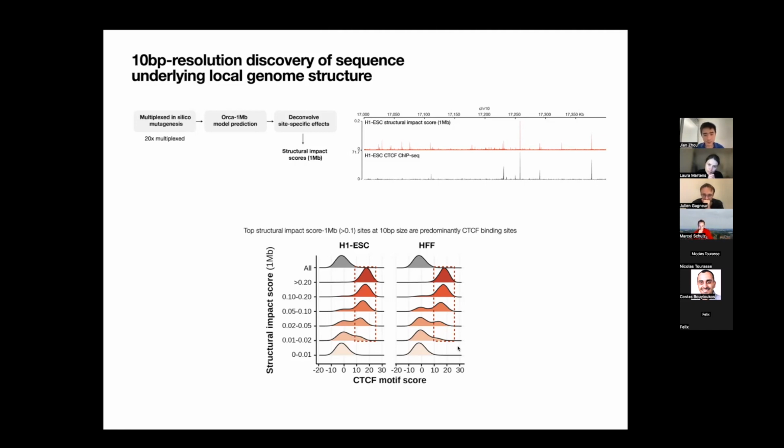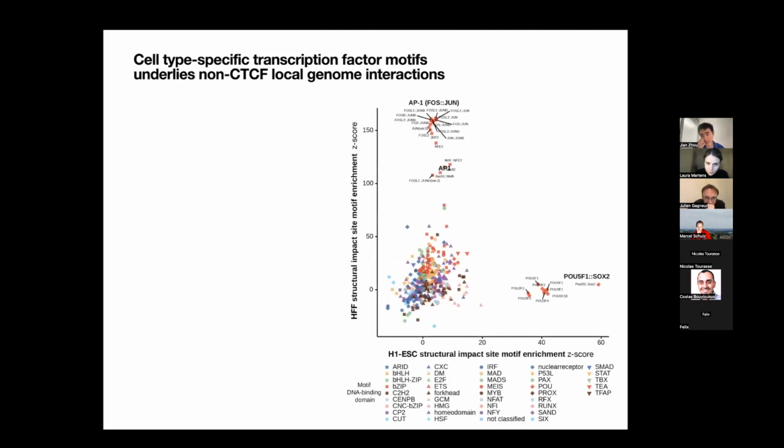But what is interesting is that there are still sequence dependencies in the sites that have only a moderate level of 3D genome impact. So we look at those that have a moderate level of impact and exclude the CTCF binding sites. And now we see some cell type specific enrichment of motifs.